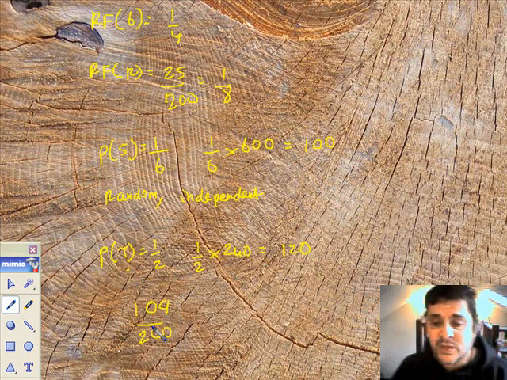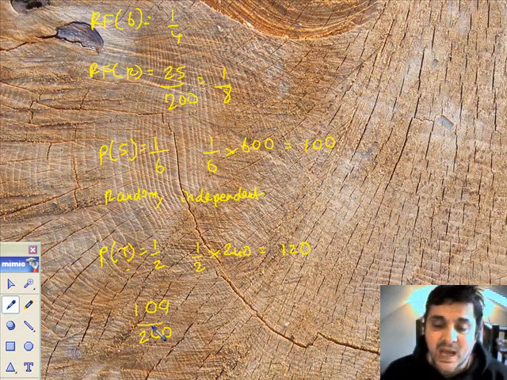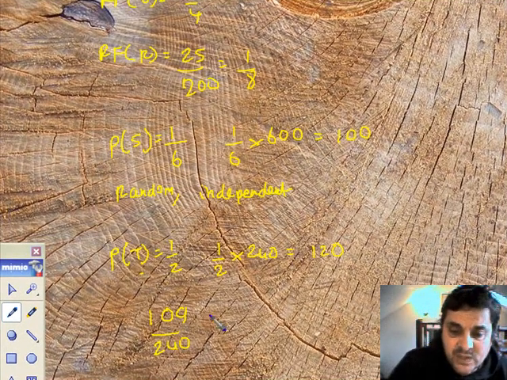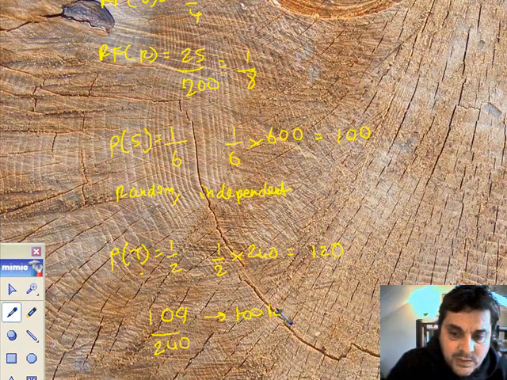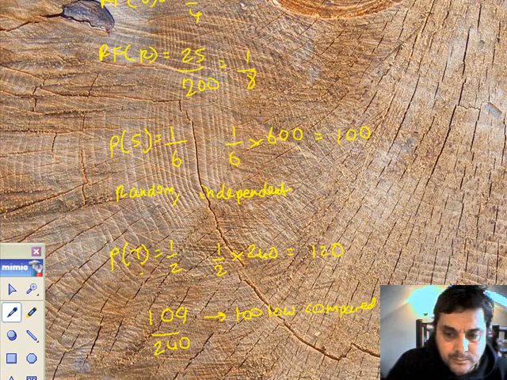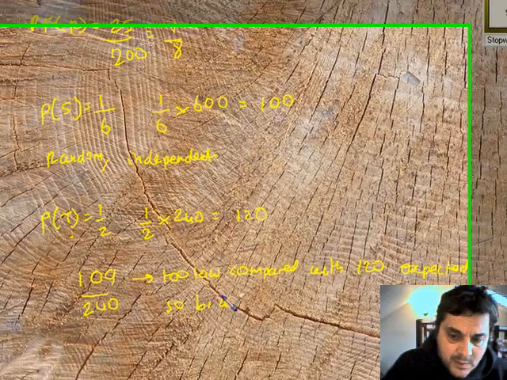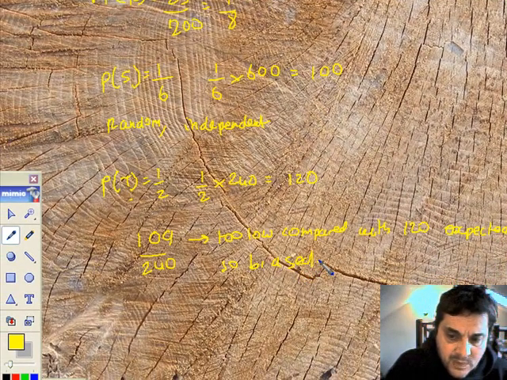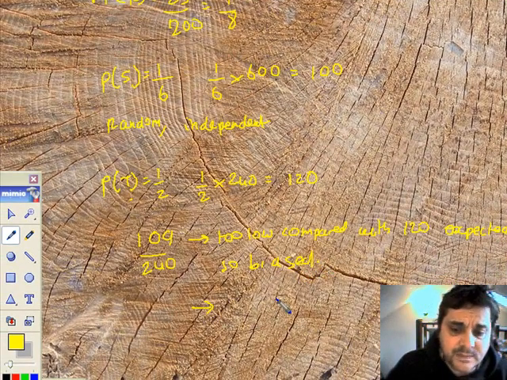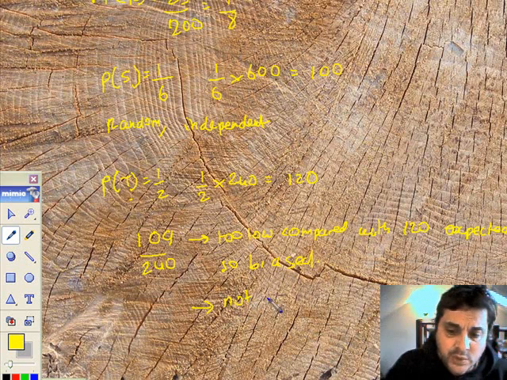Well, she should have got around 120. 109 is a bit low, so we can say too low, compared with 120 expected, so biased. You could argue, if you want to, not biased.